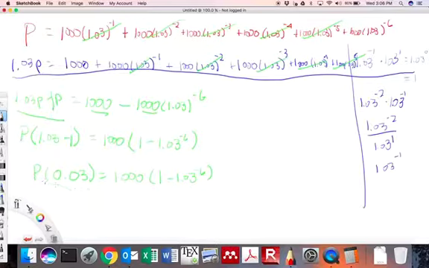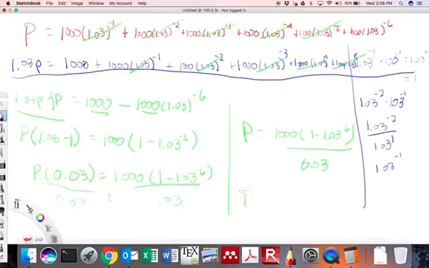And dividing by 0.03, which you might recognize as the periodic interest rate, we get P equals 1,000 times 1 minus 1 plus the periodic interest rate, raised to the opposite of the number of periods, over 0.03.